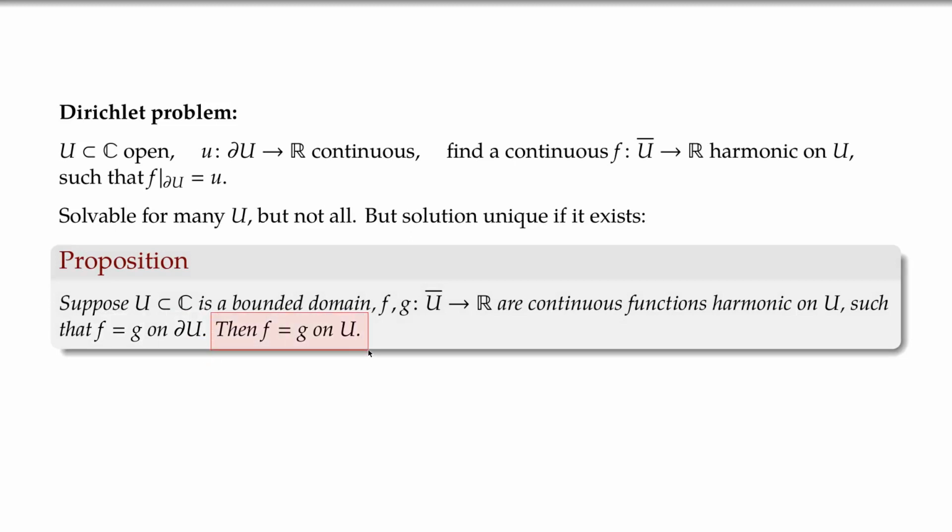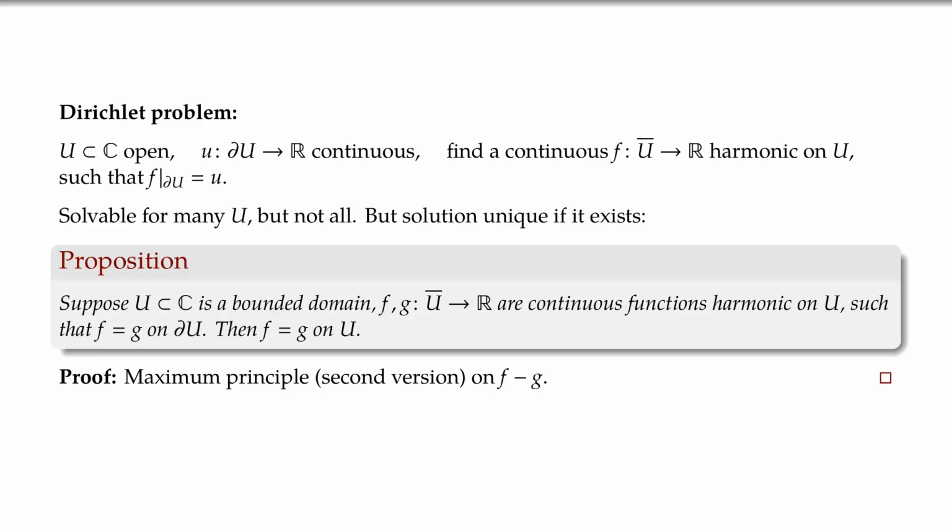Then they're actually equal on all of u. Now it's just the maximum principle. You just apply it to f minus g. F minus g is still harmonic, 0 on the boundary, and on a bounded domain, the maximum principle just gives you that it has to be 0 inside.